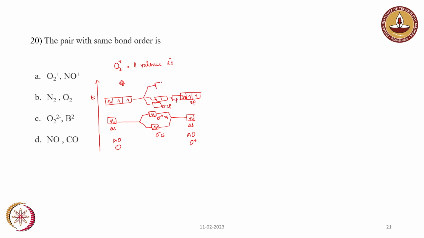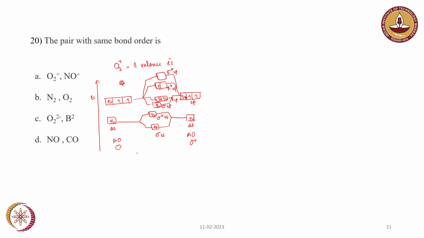then pi star 2p and sigma star 2p. So there are a total of 4 plus 3, 7 electrons, 6 in bonding and 1 electron in the antibonding orbital.